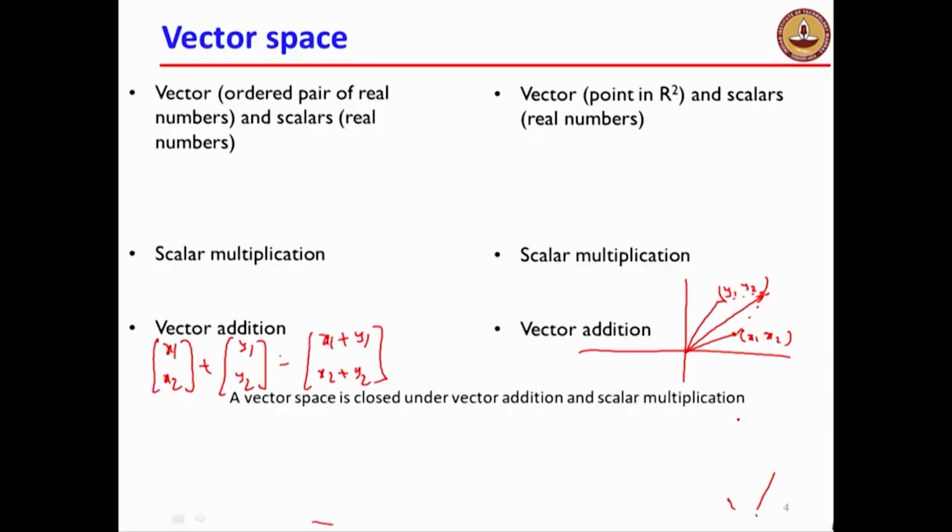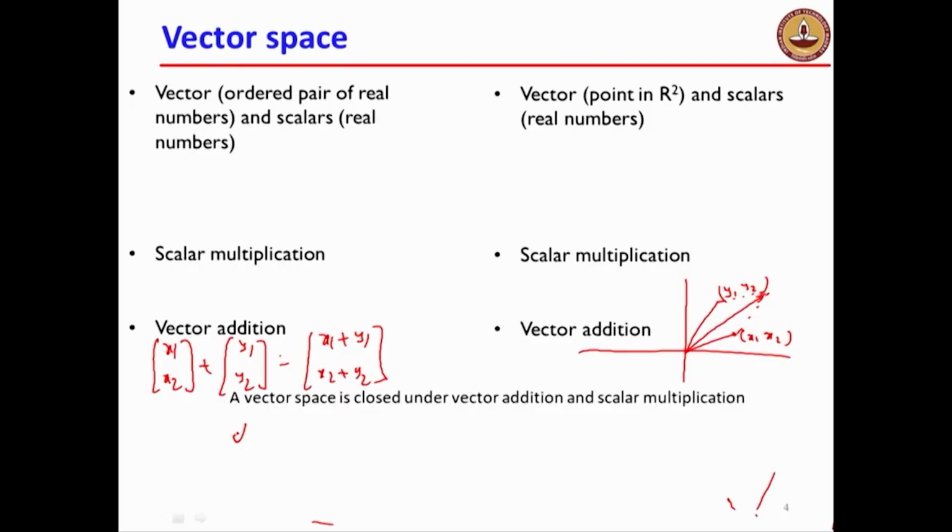If any of these properties is not satisfied, the collection of your objects is not a vector space. Now, the way I have defined this, if I take ordered sets of real numbers and as my scalars I take any real number, then it satisfies the axioms of a vector space. What that means is it is closed under vector addition and scalar multiplication. You add 2 vectors, you should continue to get a vector. You take a vector multiplied by a scalar, you should continue to get a vector.